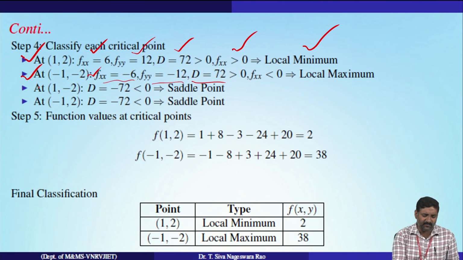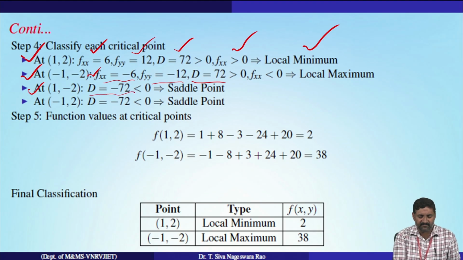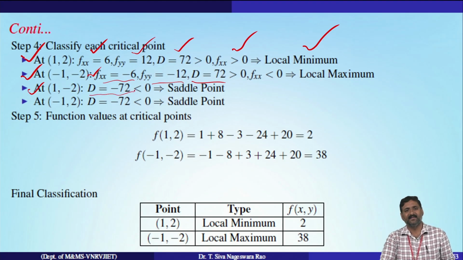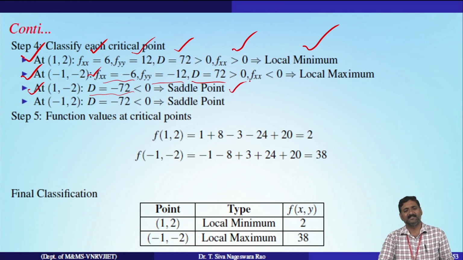Now coming to the remaining point, at 1 comma minus 2, clearly the value of capital D is minus 72. It is less than 0. Hence we can say the function will have neither maxima nor minima. So the point 1 comma minus 2 is called saddle point. Similarly for the point minus 1 comma 2 also.